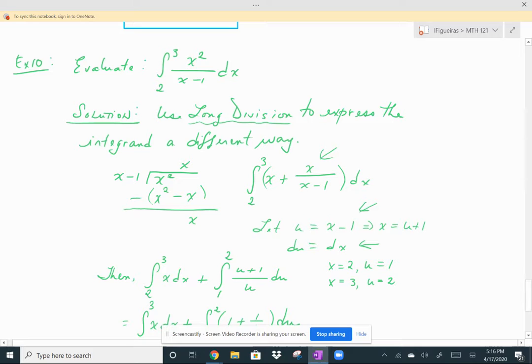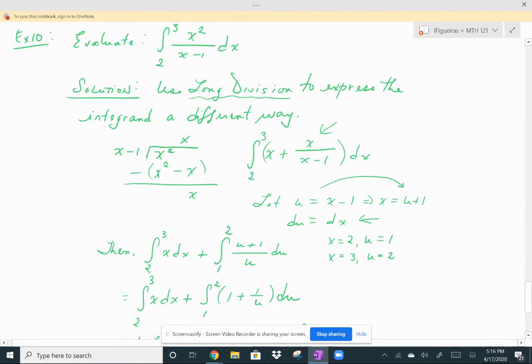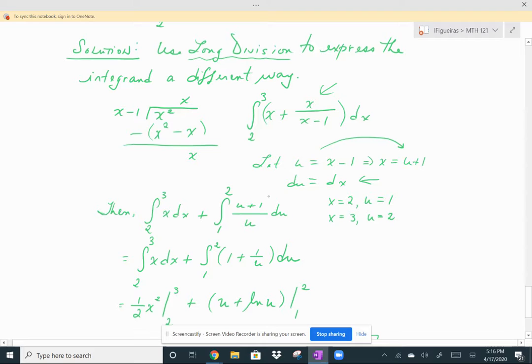Because I need to replace everything with some format of u. So if you take what u is equal to, it's equal to x minus 1, and solve for x, that means x is equal to u plus 1. So that's what you see here. I have u plus 1 replacing the numerator x, and x minus 1 getting replaced by u.